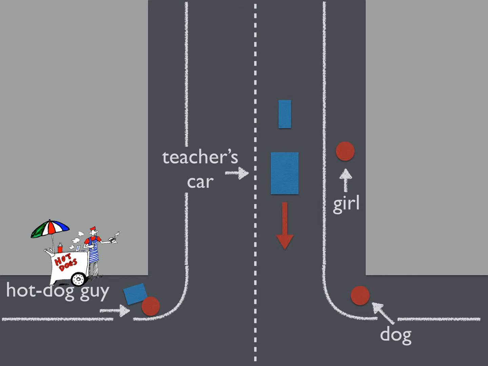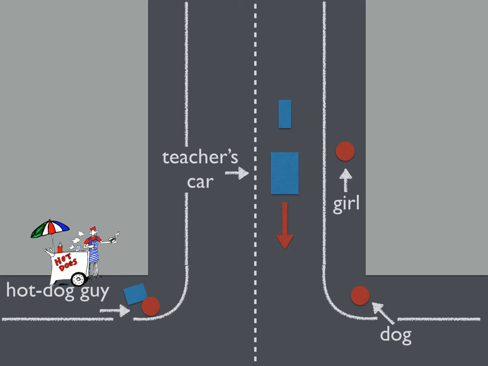The bike rider was a student, but he was not riding so carefully. He was looking at a cute girl. She was walking on the sidewalk. A dog was sitting on one corner of the road, and a man was selling hot dogs across the road.